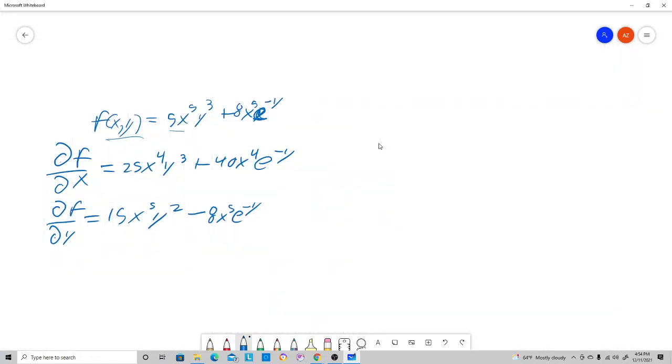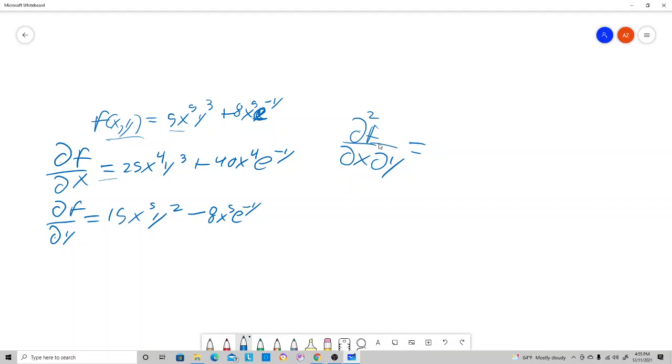So for example, if I take the double derivative, first with respect to x, which we just did, it is just denoted like this, and then with respect to y. So we already did it with respect to x. Now we're going to do it with respect to y. So we're going to use this function.